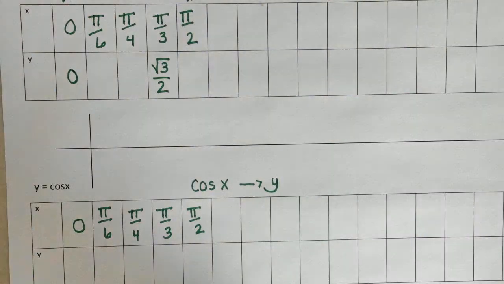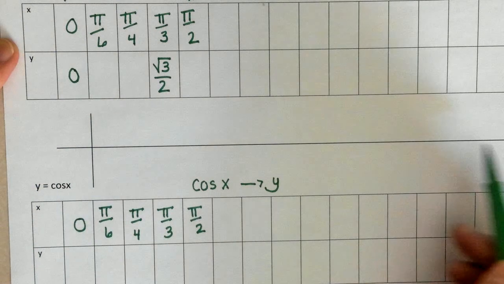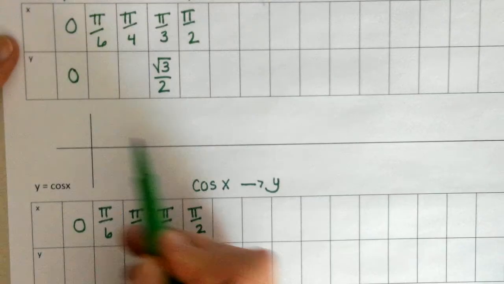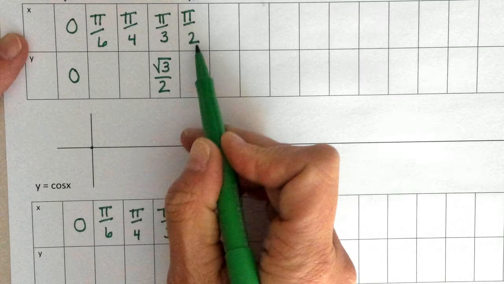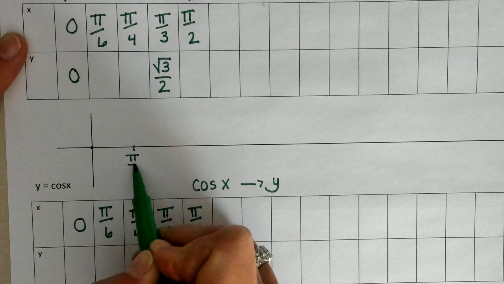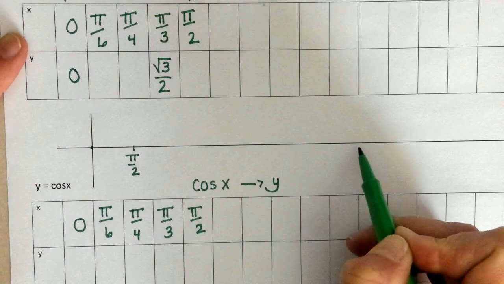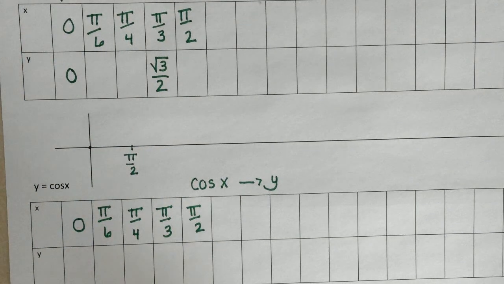And continue throughout. Now remember, x is the x-axis. So my first value was 0. Then the next key point is pi over 2. And then you continue. So you're going to fill in this graph.